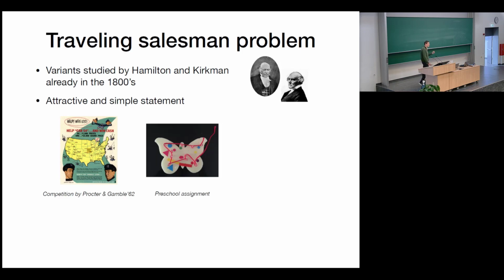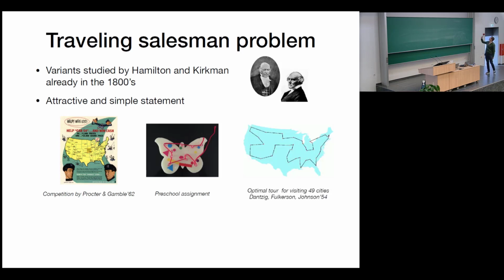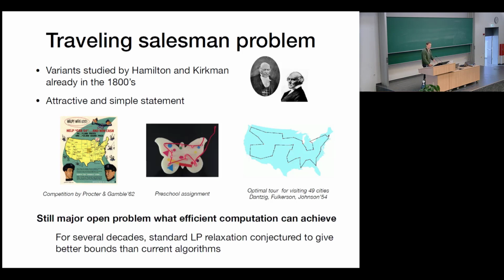And more seriously, the paper that will be very important for our and other people's work here is from 1954 by Dantzig, Fulkerson, and Johnson, who solved the 49-city instance to optimality. They used a linear program to solve this 49-city instance, and we still struggle today to understand the power of that algorithmic technique. And more generally, it's a major open question what efficient computation can achieve for this question.